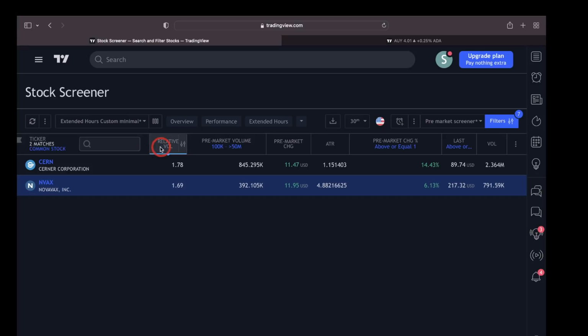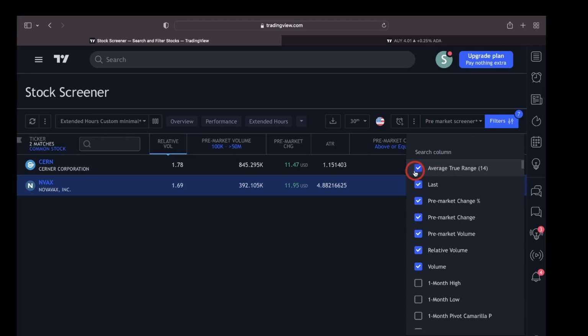Now let's go over what I select here on the view. In the columns I have the ATR for the stock, which is average true range for 14 days, last value, pre-market change percent, pre-market change value, pre-market volume, relative volume, which is the most important one for me, and the actual volume.